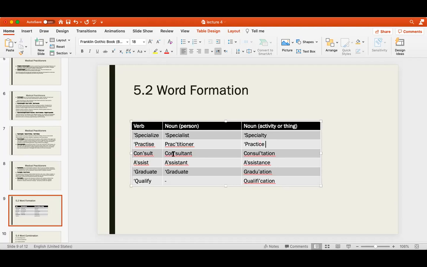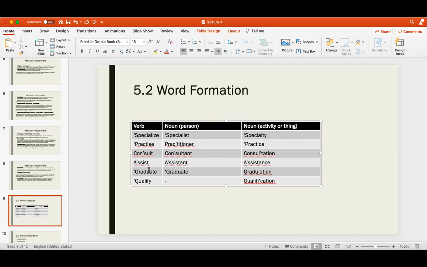Consult, we have consultant and consultation. We have assist, assistant, and assistance. Graduate, we have graduate and graduation.